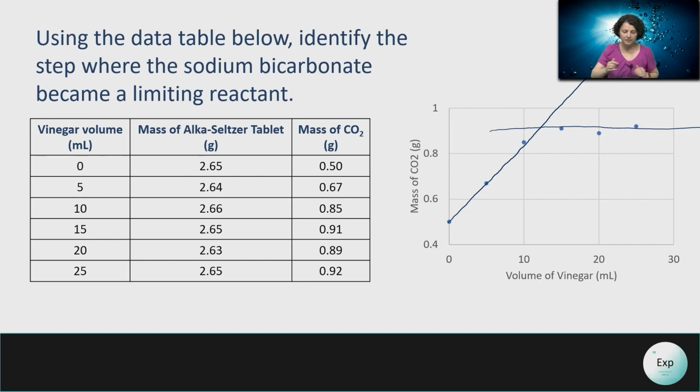So where the two lines meet is the point at which the sodium bicarbonate became our limiting reactant. But that number is essentially the same within statistical differences as what we have right here when we added the excess amounts of acetic acid.